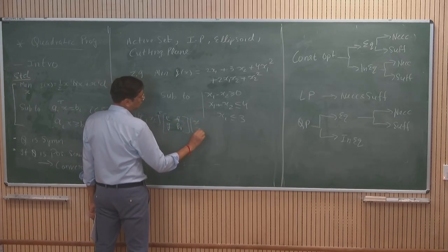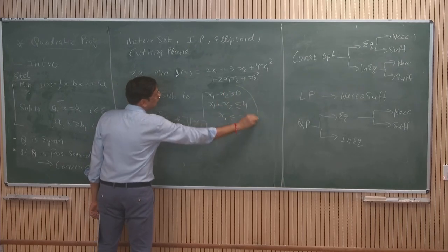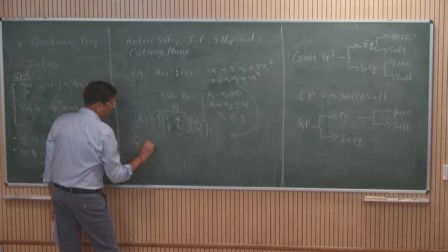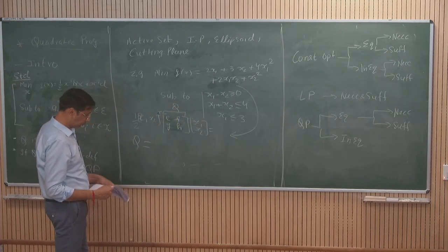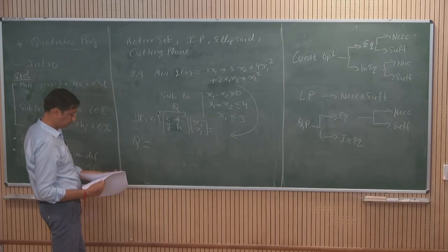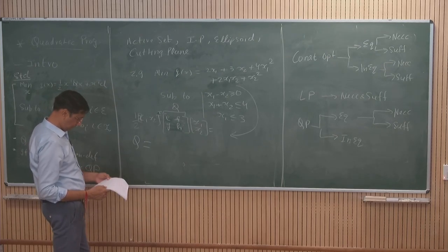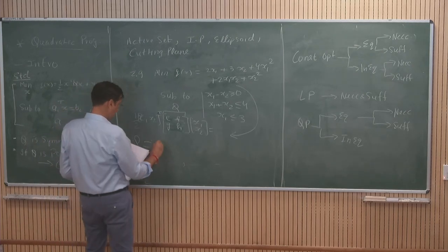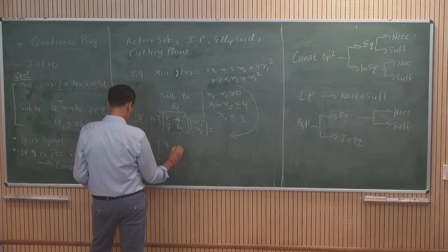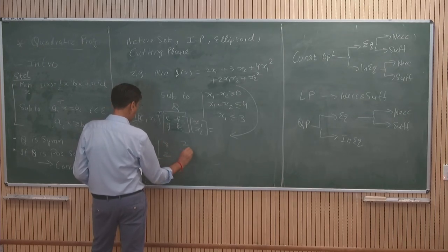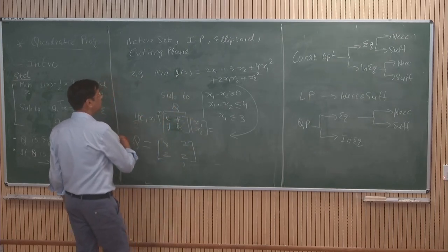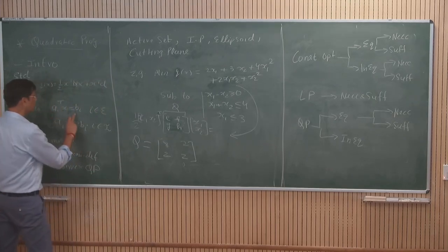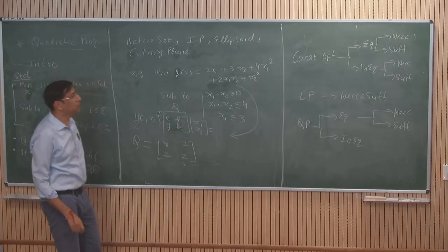And x1, x2, and you make it equal to this, and then you solve for your Q. This is your Q. Once you solve for this, your Q will turn out to be 8, 2, 2, 2. And similarly, if you want to find the A and B and so forth, you can use this. So there are no equality constraints in this one, only inequality constraints, and you can find those as well.